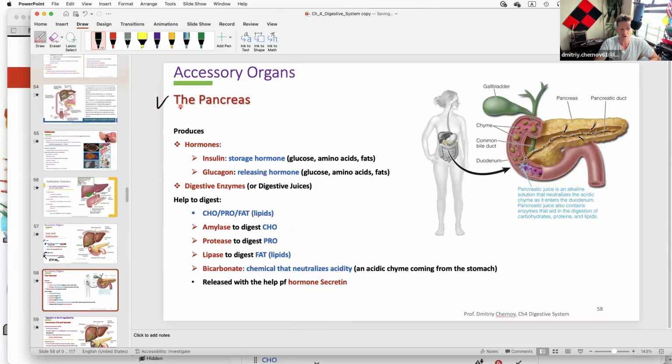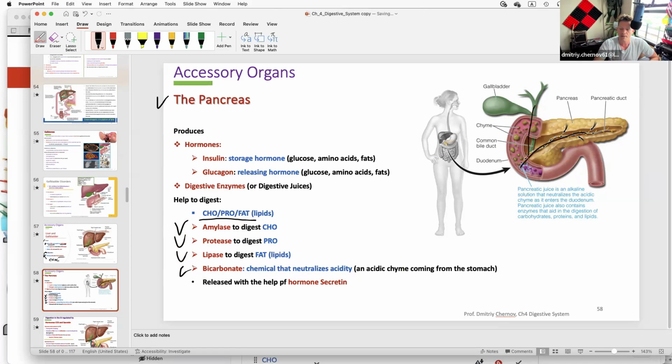For now, the pancreas digests carbohydrates, proteins, and fats, using amylase, protease, lipase, and bicarbonate. Amylase, protease, and lipase are also found in the oral cavity and in the stomach, except amylase. But for the small intestine, this is important: amylase for carbs and so on, and bicarbonate, a buffer to neutralize acids.